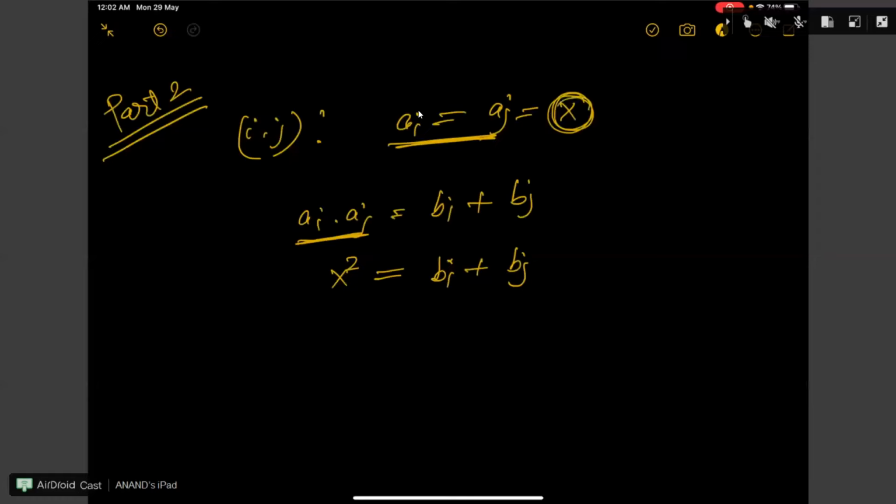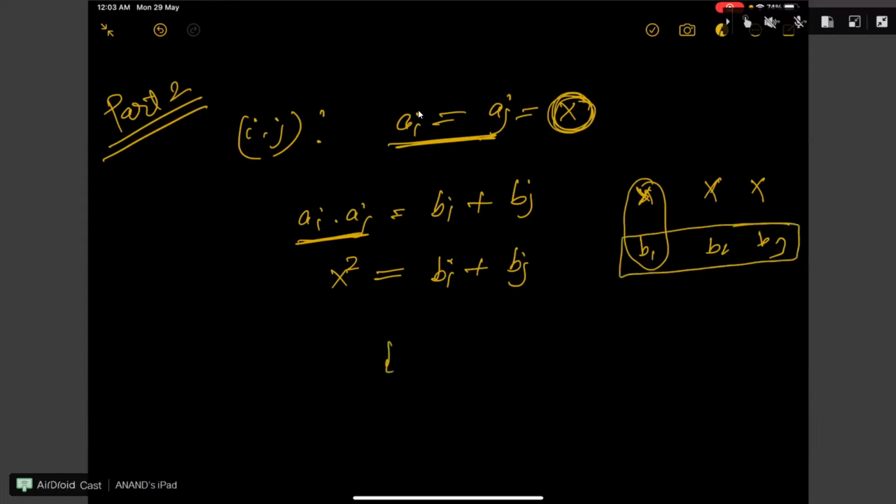Let's say this is x with b1, then x with b2, then x with b3. Corresponding to each pair AI BI such that AI is equal to x, we collect these b values.